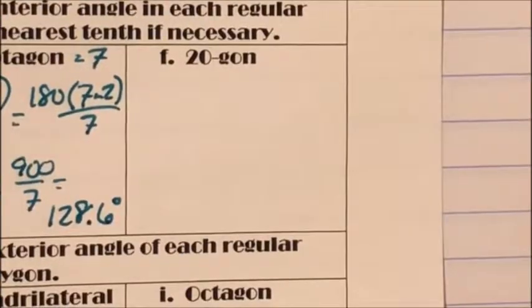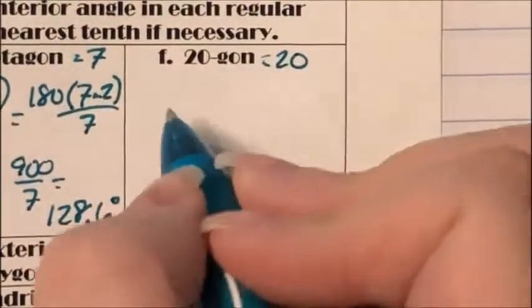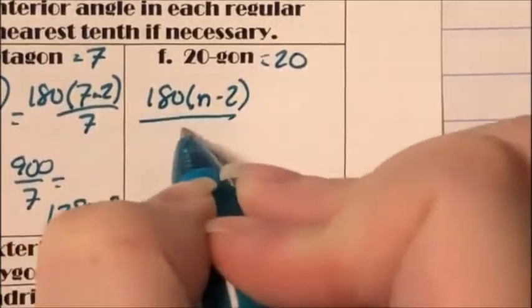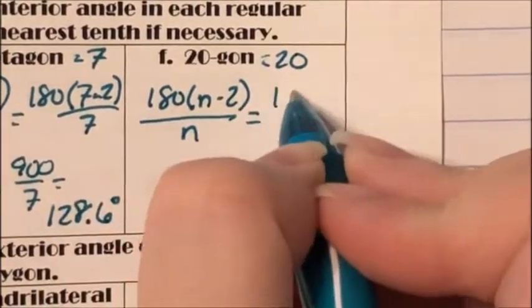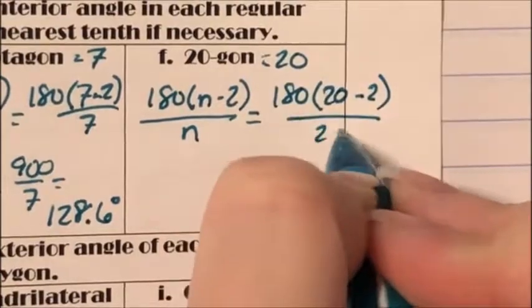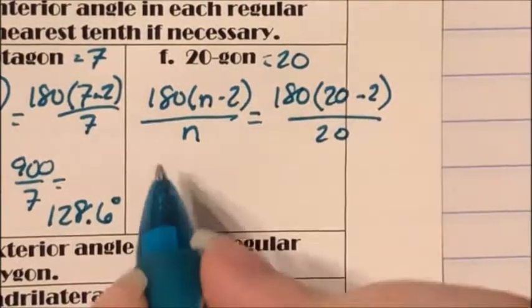For letter F, I have a 20-gon. So that's 20 sides. I fill that in with my formula: 180 times 20 minus 2 over 20.